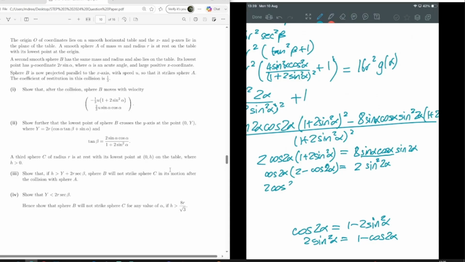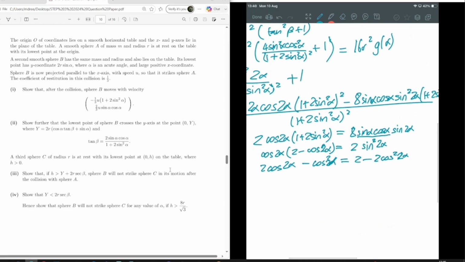So 2 cos minus cos squared 2 alpha equals 2 minus 2 cos squared 2 alpha. I'm really hoping this comes out as a pleasant solution, because if it's not pleasant, it's going to make a lot of things, as I put these back in, incredibly unpleasant. So I'm adding that. Plus 2 cos 2 alpha minus 2 equals 0. Now that quadratic does not have a nice solution.